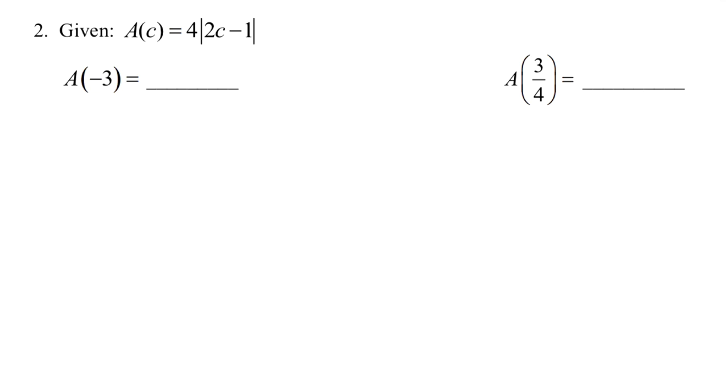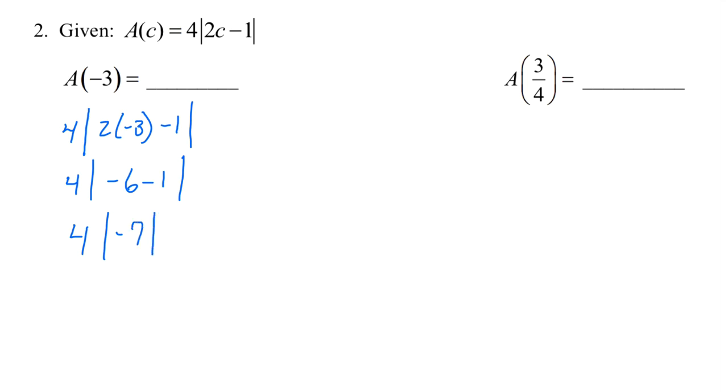Now these vertical bars simply mean absolute value. That means it takes whatever is inside the absolute value bars and makes it positive. So when we substitute -3 in, you're going to get 2 times -3 minus 1, which is -6 minus 1.